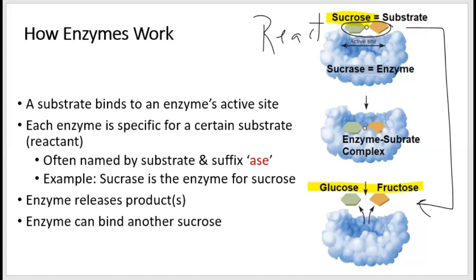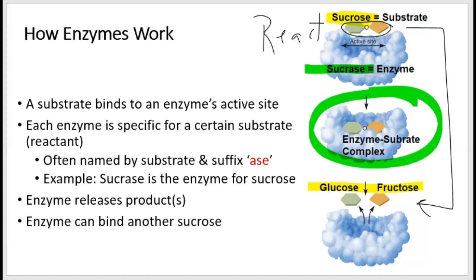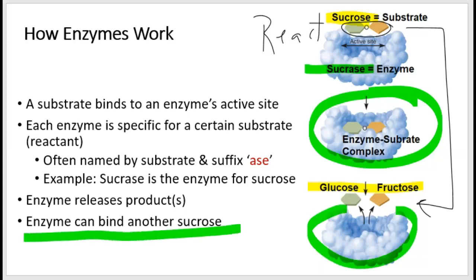The name of the enzyme that can bind to sucrose so that this occurs is called sucrase. Sucrase is the enzyme that facilitates the breakdown of sucrose. The enzyme binds the reactant, and then the products are released. Now the enzyme can be reused, so it can go bind another sucrose.